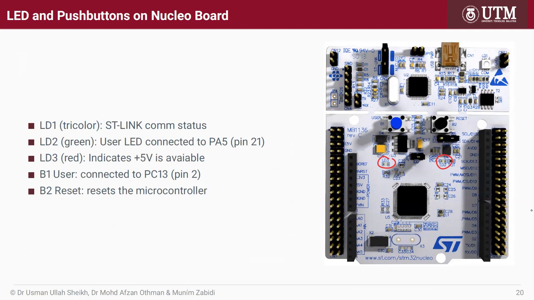LD1 is the right top, the white one. Oh, it's on the ST-Link side. So LD2 is the one that you can control. Then LD3 is power. Then we have two buttons, B1 and B2. B2 is the reset, but B1 we can play with. We'll try to use it.